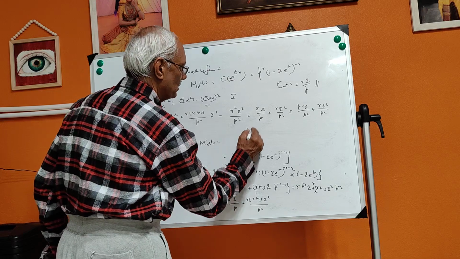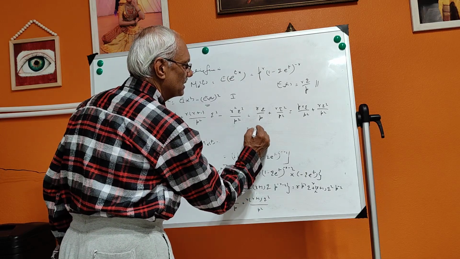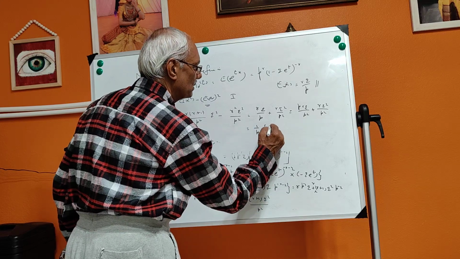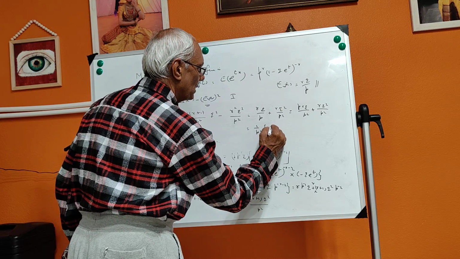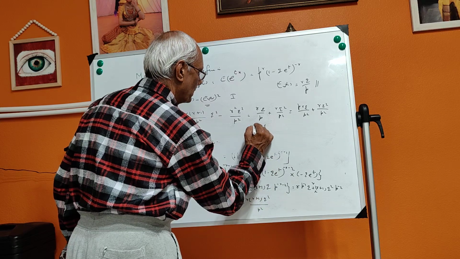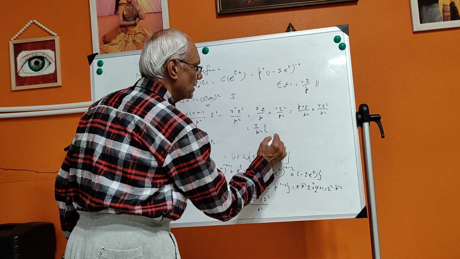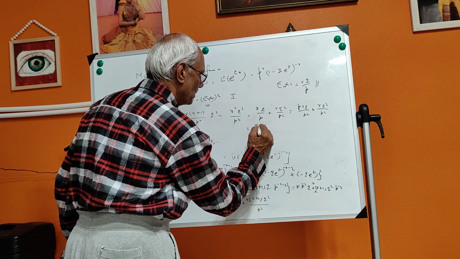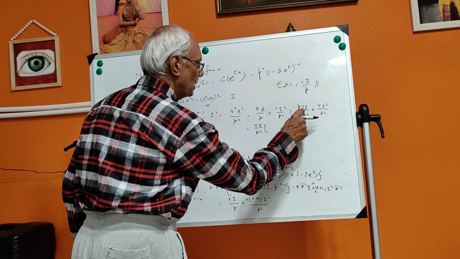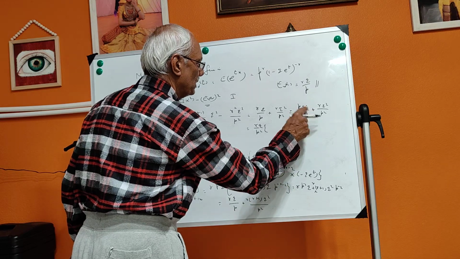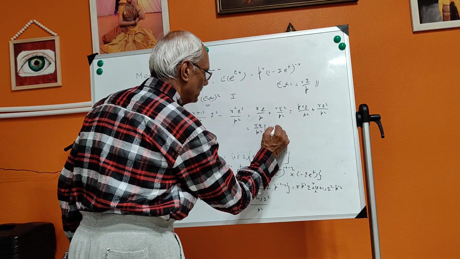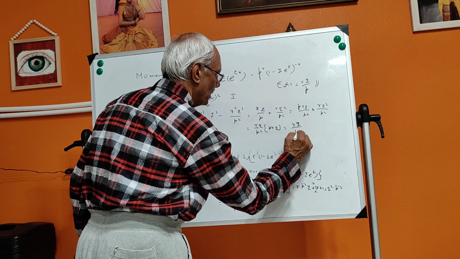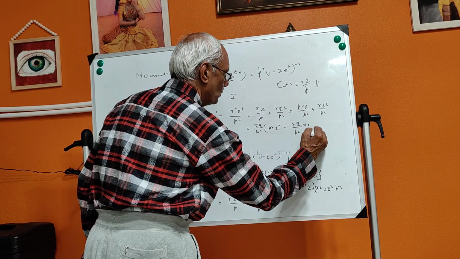So what do you get here now? This is nothing but 1 by p squared into, r can be taken outside, q can be taken outside, and you will be left with p plus q, which is equal to 1. r q by p squared into 1.